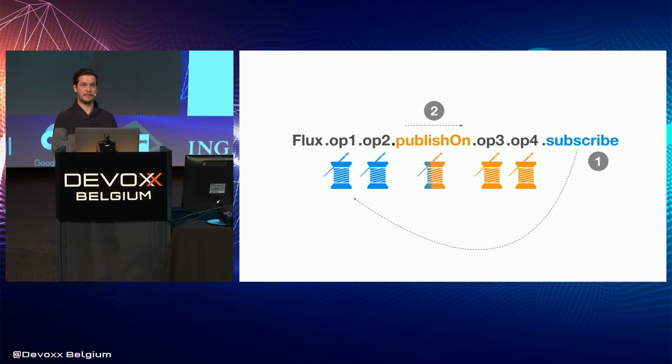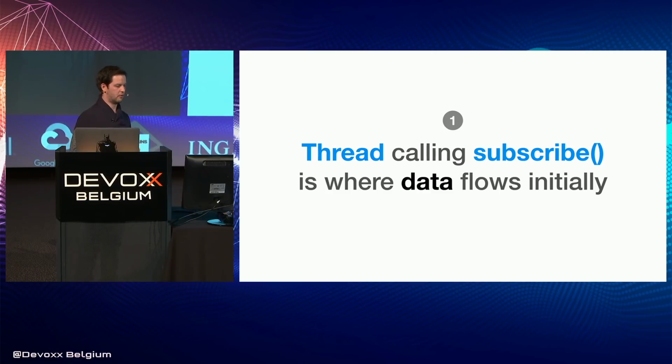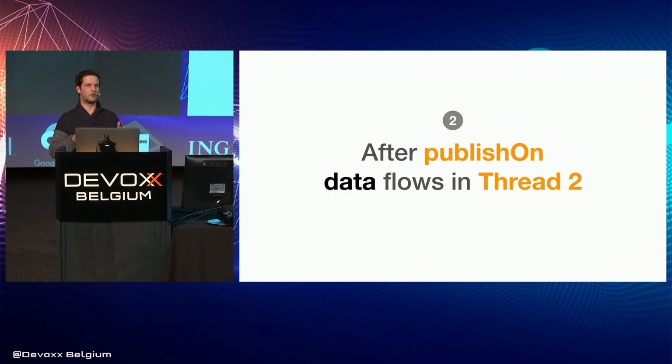So at this point we switch to the orange thread. And then OP3 will run on the same orange thread and OP4 on the same orange thread. So yeah, the thread calling subscribe is where data flows initially. After calling publishOn, so only on the right-hand part, that data flows in the second thread.